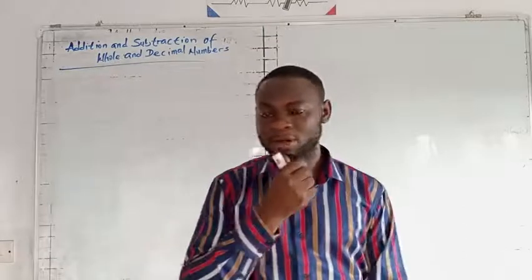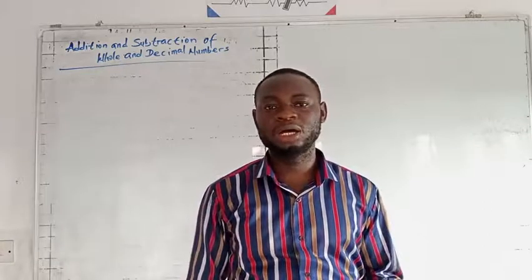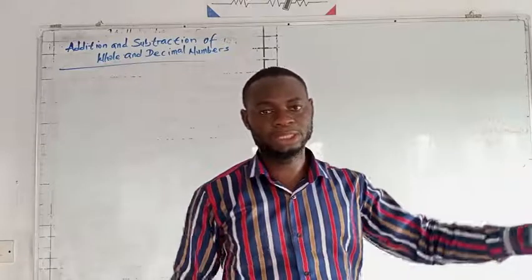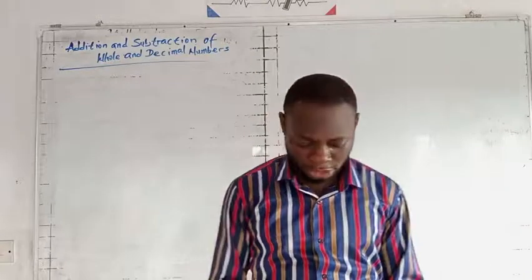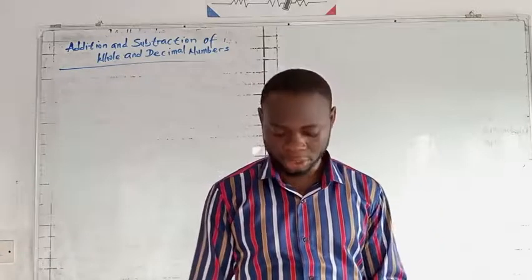Remember, a decimal number is a number with a decimal point. And every decimal number has two parts, majorly: the whole number part and the decimal values, or three parts, including the decimal point itself. While whole numbers are our counting numbers, okay?